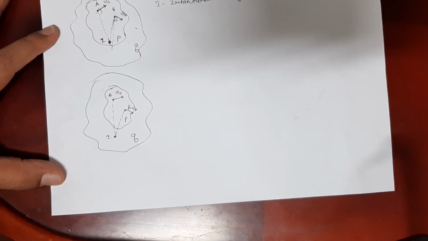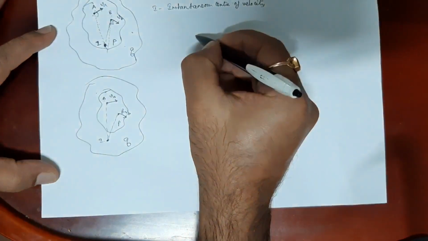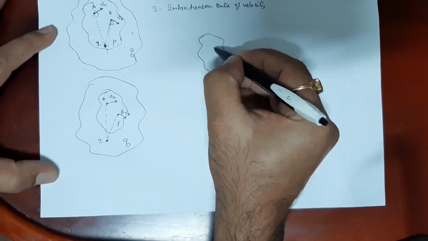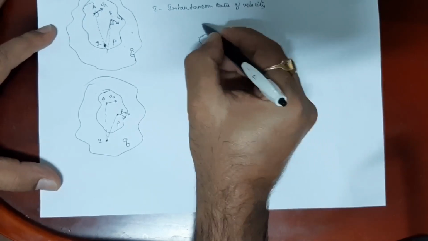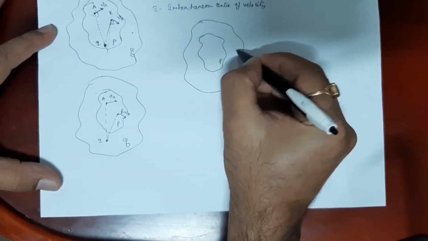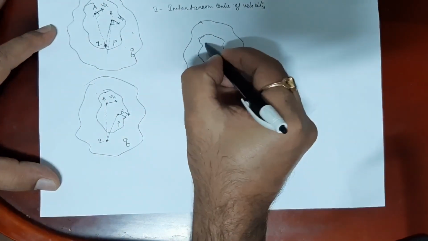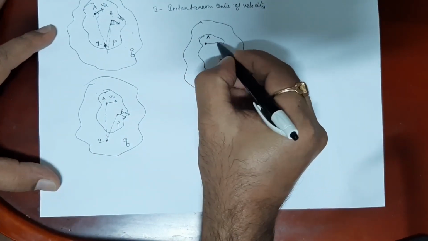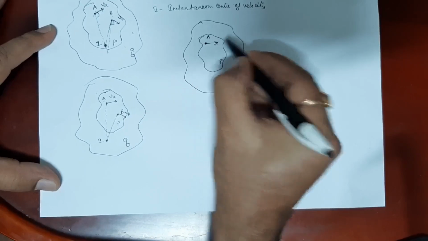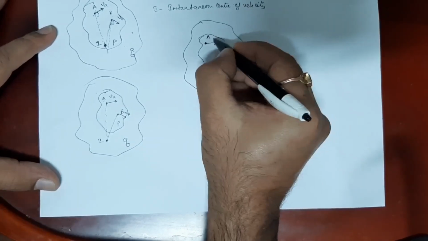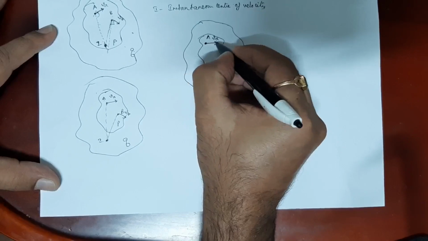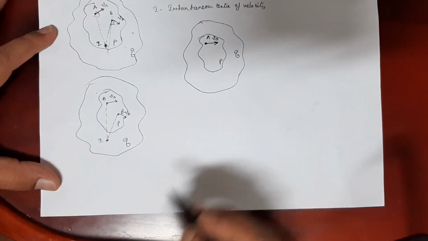In one case, I am considering one body P and another body Q here. Suppose this is point A, and the direction of the velocity of point A is in the horizontal direction.